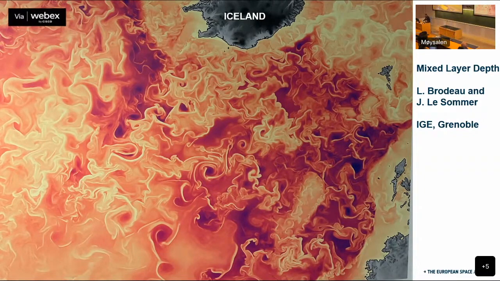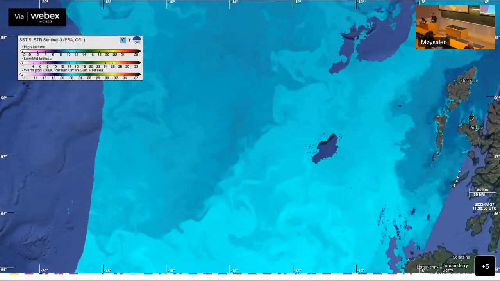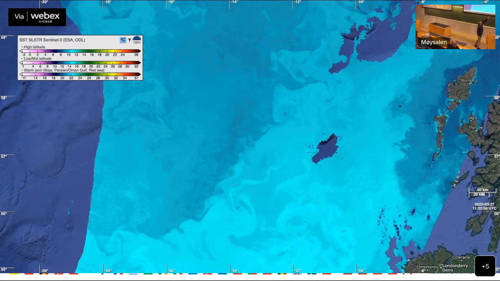So we looked into the SYN tool, same area, but not exactly the same. What you see here is sea surface temperature, and you have Scotland and the Orkney Islands up there. The pattern here shows shapes that correspond in magnitude, in size, in orientation and complexity.